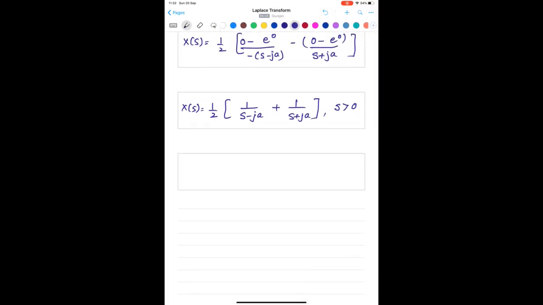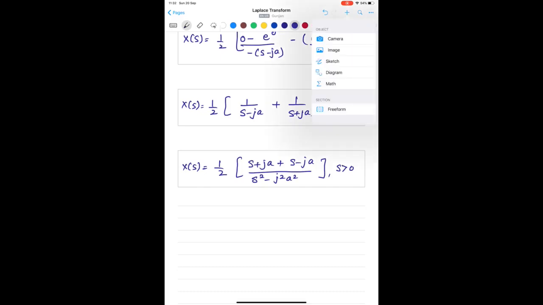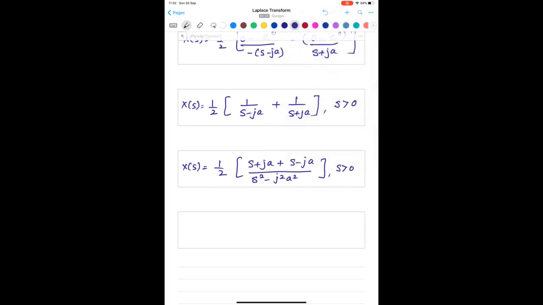So this is 1 by 2, should take the LCM, and this will be s square minus j square a square with a condition imposed of ROC s greater than 0.